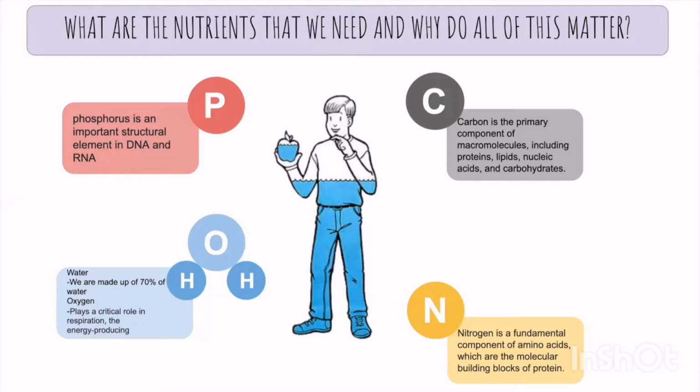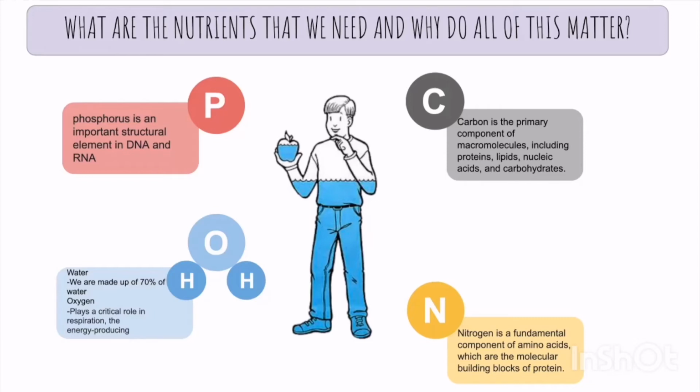So why do we need all of this matter? We start with water. First, we are filled with water. We also use oxygen to release energy and also transfer energy. As for phosphorus, phosphorus can be found in our DNA, RNA, and also ATP.